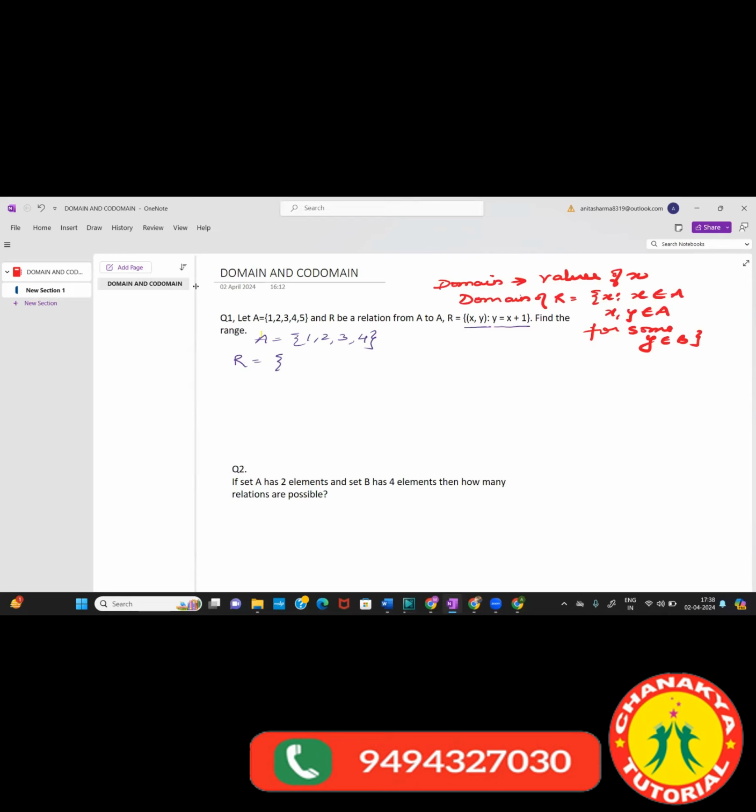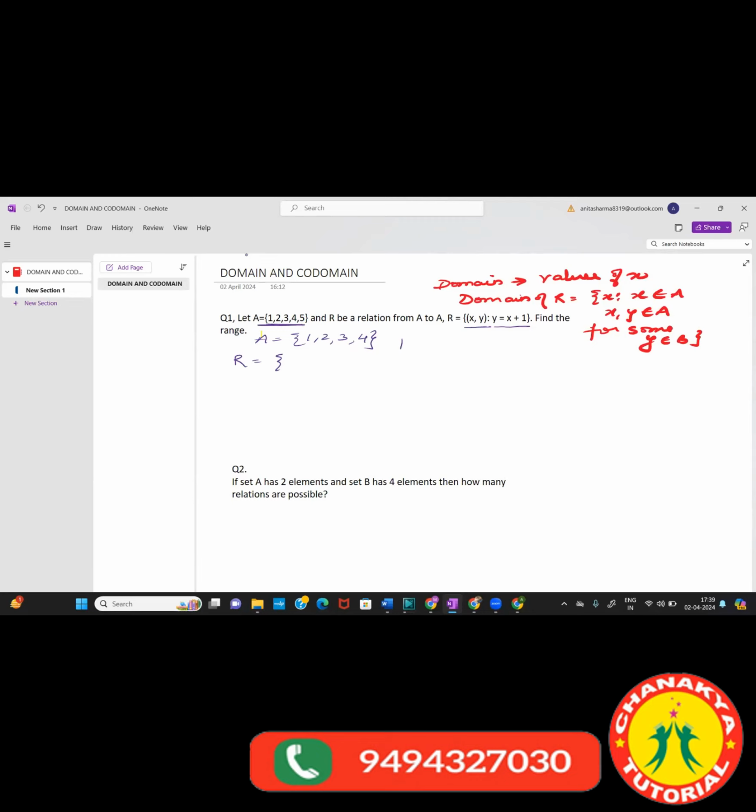See, in this question, you are putting the values from this set A. Set A has a value 1, 2, 3, 4, 5, right?